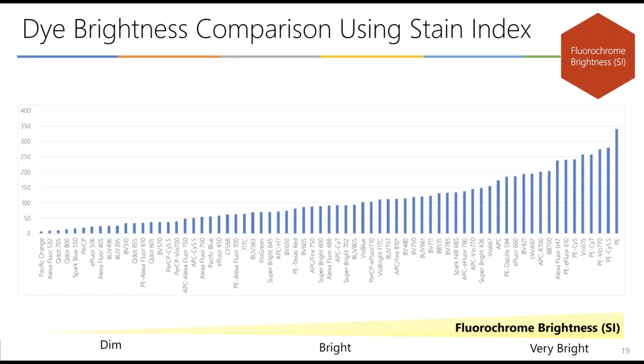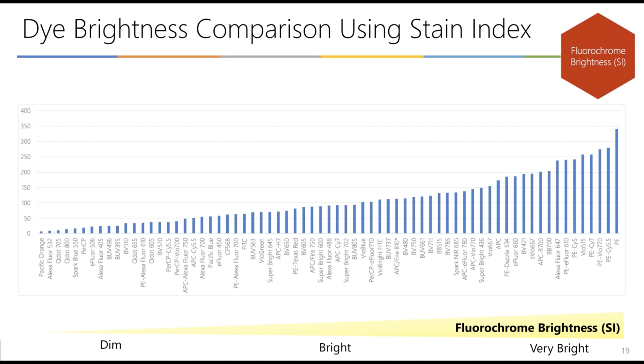So the next characteristic that we need to understand about fluorochromes is their inherent brightness. We assess brightness by calculating the stain index of each fluorochrome when conjugated to CD4. In this way, the changes in brightness are attributable to the fluorochrome and not antigen density. Each of our fluorochrome guides includes a stain index of fluorochromes to help you along with this process.